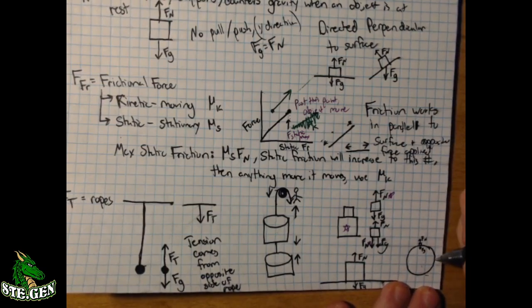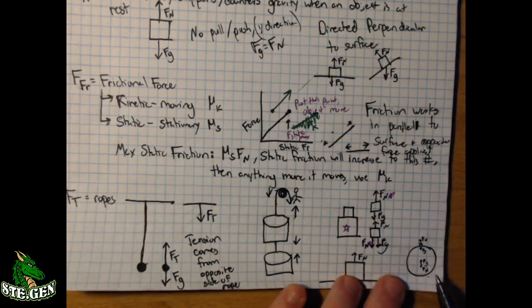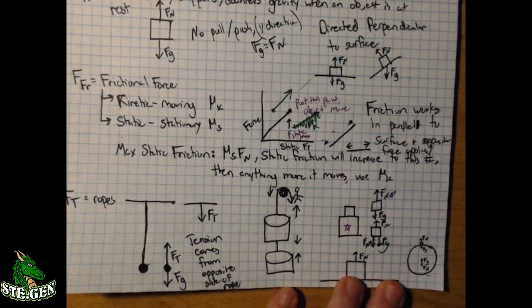Well, this planet, the whole Earth, is actually going to be experiencing a very, very slight gravitational pull towards the box, and is going to be experiencing the same normal force, or again, the weight of the box pushing down upon it.